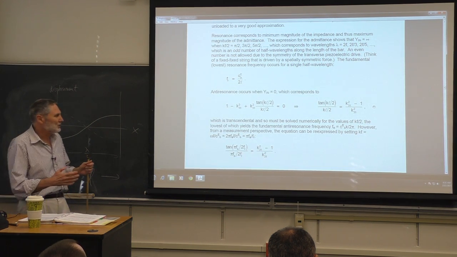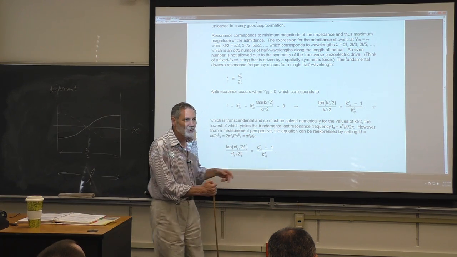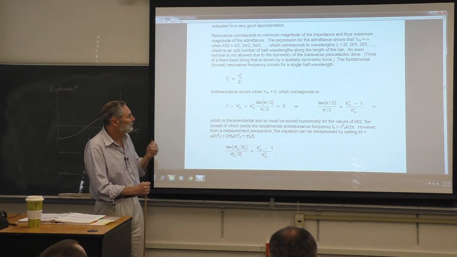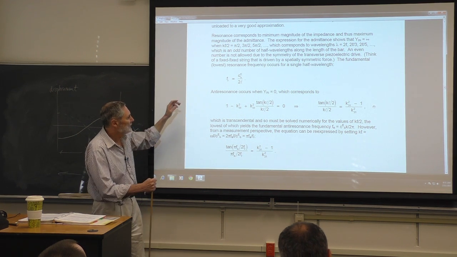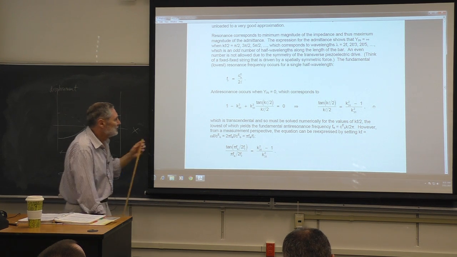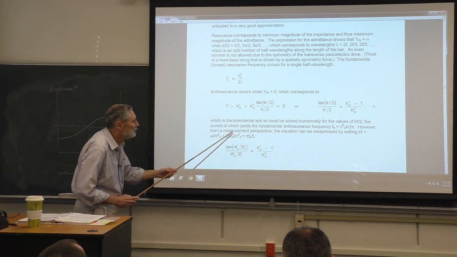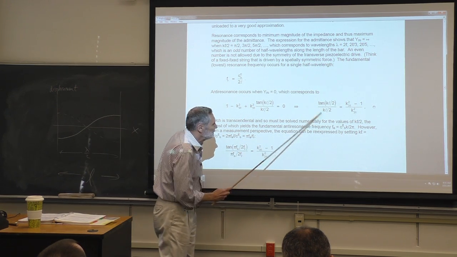However, we've strayed from the whole point here. We don't need to theoretically determine these. We can experimentally measure these two frequencies. So from an experimental point of view, we take this relationship.